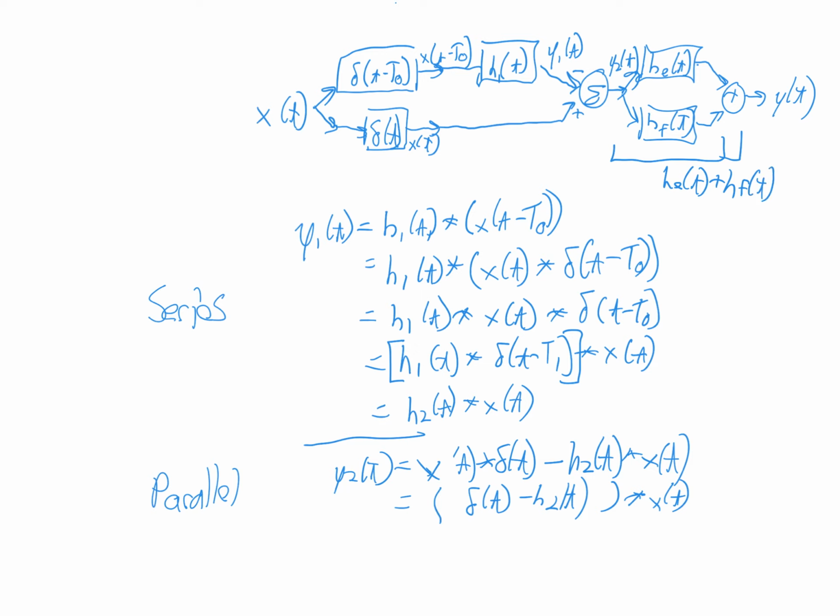And we just found out that the result here was delta of t minus h2 of t, where h2, from the series combination we found above, is h1 of t convolved with delta of t minus 1.